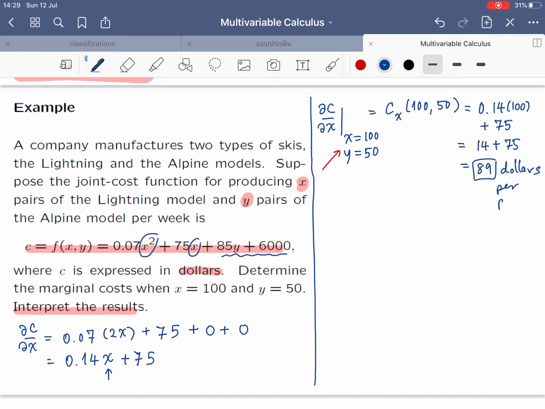One pair. Okay. What should be the interpretation? Okay, so it means that if the company, not you, right?